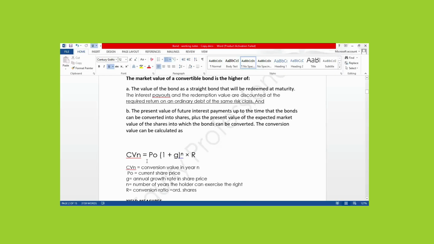Conversion value in year N is equal to P0 bracket 1 plus g, close your bracket, raised to power N, multiplied by R, where CVN is the conversion value in year N, P0 is the current share price, g is the annual growth rate in share price, N is the number of years the holder can exercise conversion, and R is the conversion ratio, the number of ordinary shares a bond can be converted to.